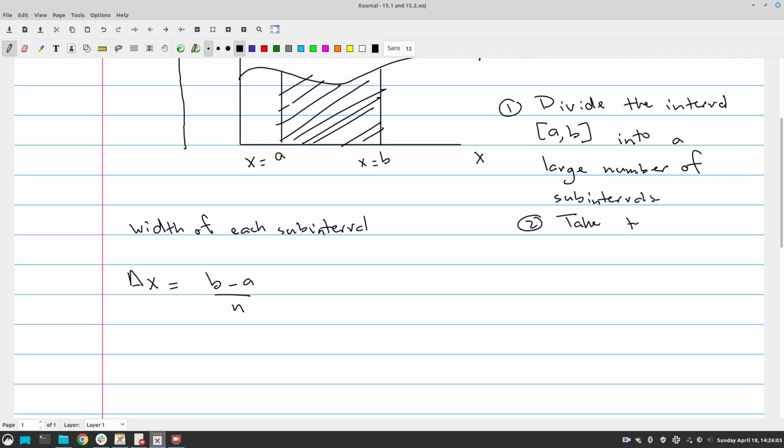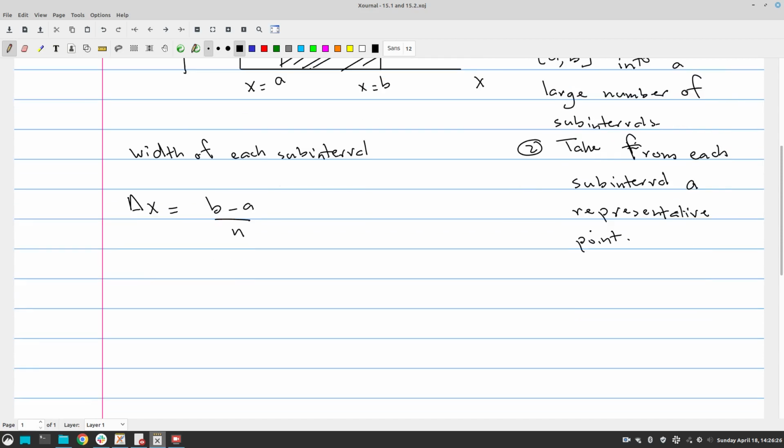And then you take from each subinterval a representative point.